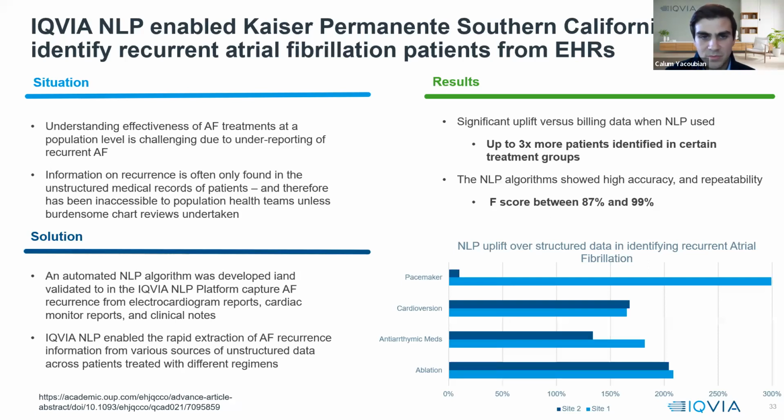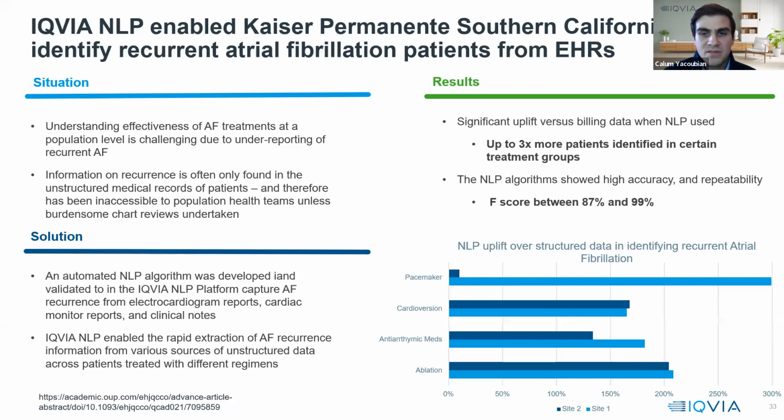And you can see that for most areas here, apart from the site 2 pacemaker population, they're getting over 100%, over 150% uplift versus the coded data alone. So, really strong performance for them.